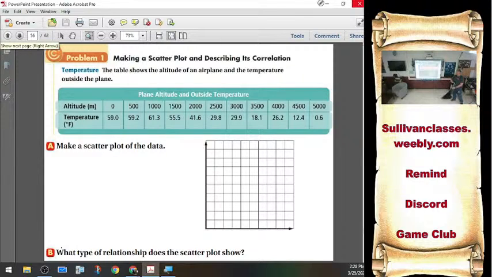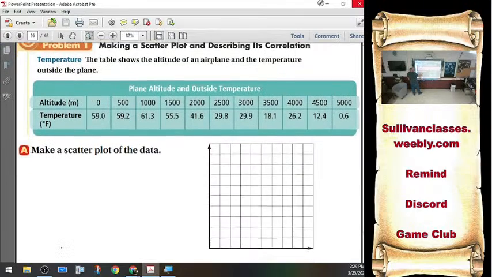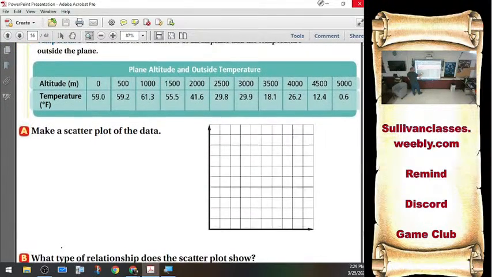First of all, you identify X and Y, just like the beginning of the year. Can you tell me what your X and Y is? And then label those on your axes. It says, table shows altitude of an airplane and the temperature outside the plane.